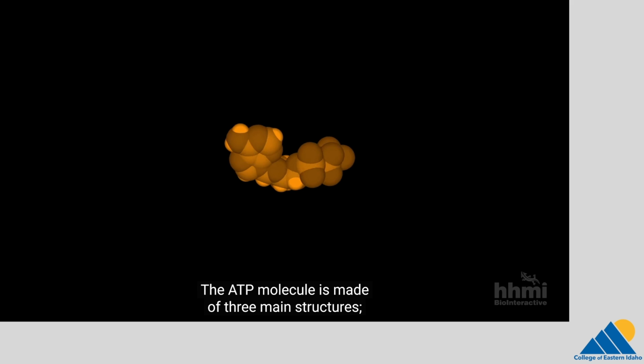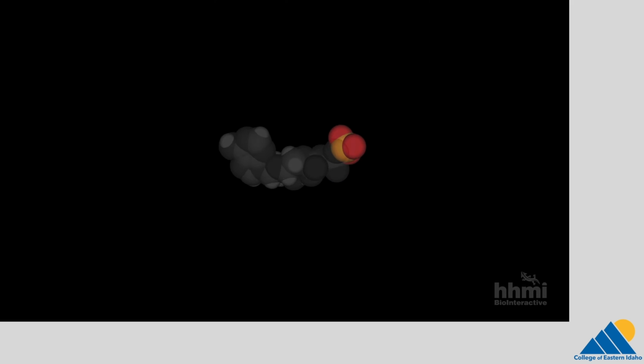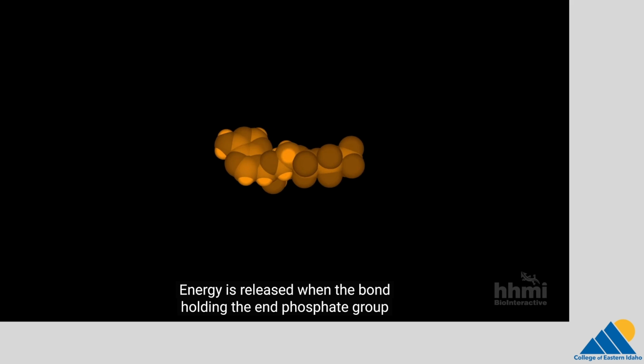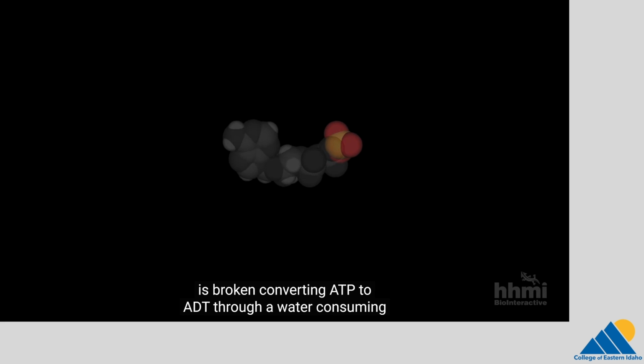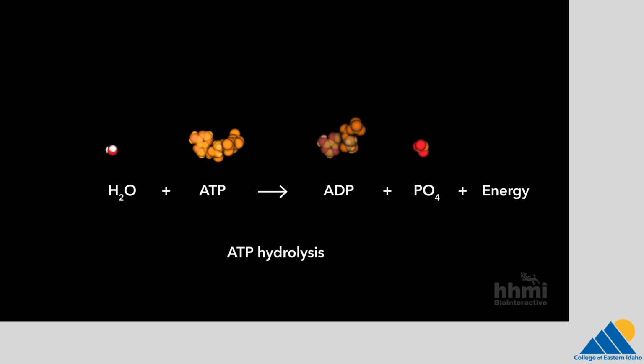The ATP molecule is made of three main structures: an adenine nucleobase, a ribose sugar, and three phosphates. Energy is released when the bond holding the N-phosphate group is broken, converting ATP to ADP through a water-consuming hydrolysis reaction.